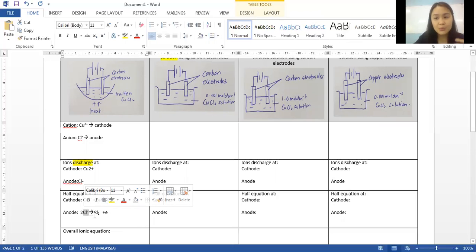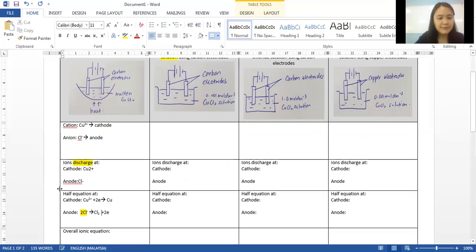So now in order to balance the equation, you need to put the 2 over here just to balance up your chloride, right? Now you have to adjust your electron as well. Because 1 chloride will donate 1 electron. Now since you involve 2 chloride, therefore you will donate 2 electrons.